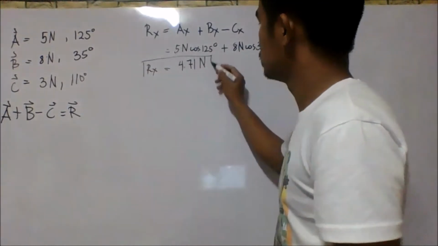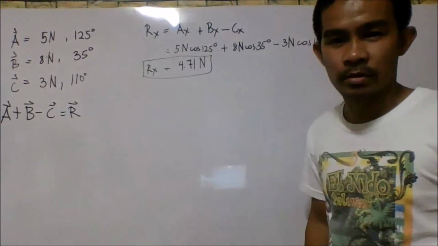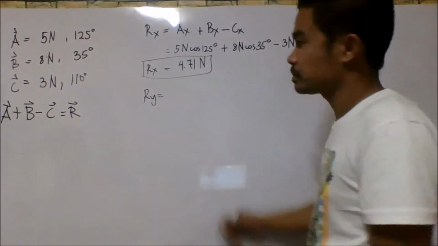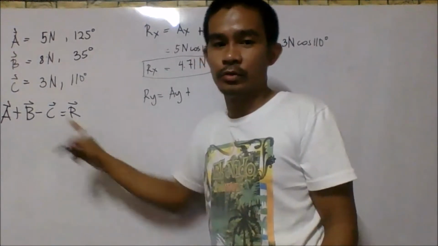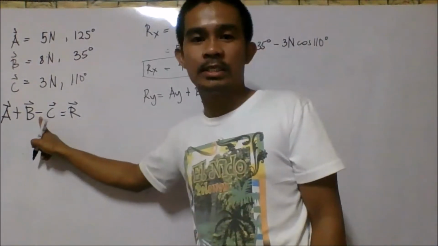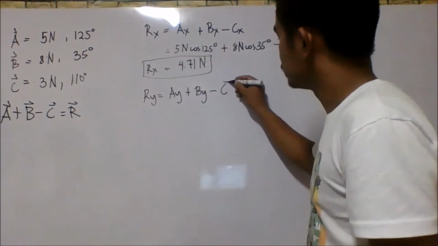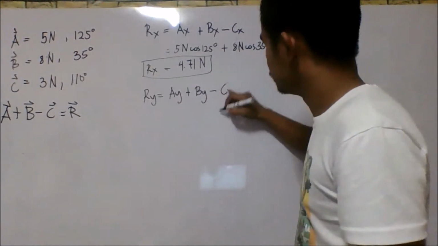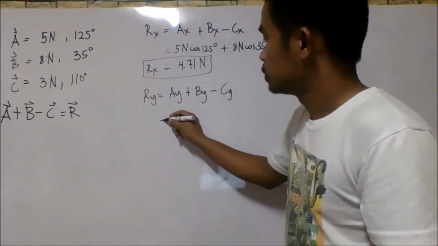Next is to look for the y component of vector R. So we have R of y equals A of y plus, since this is plus vector B, plus B of y, minus, since this is minus vector C, so we deal with subtraction of vector, minus C of y. That's the y component of vector R. So what is this A of y?